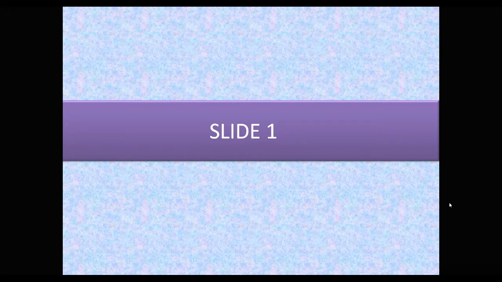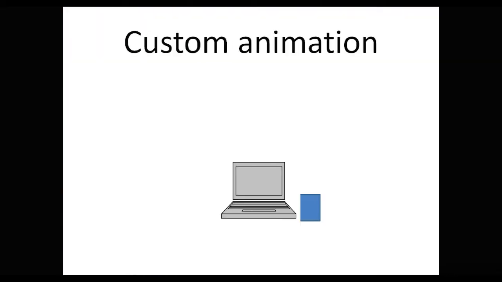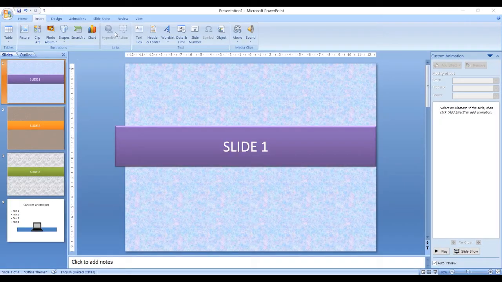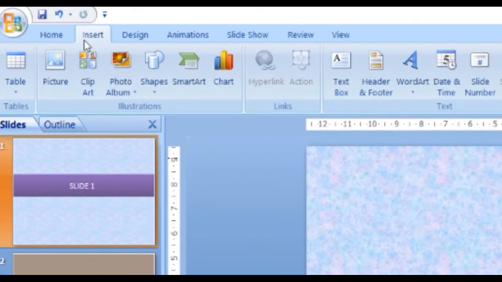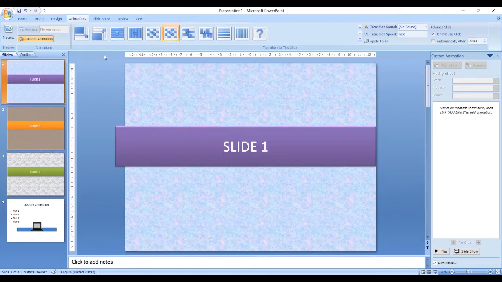For example, this is slide transition, and the movements that you see here are the custom animation. For slide transition, nothing much to do. All we have to do is go to animation and select the slide that you want to apply the slide transition to, and this area is for the slide transition.